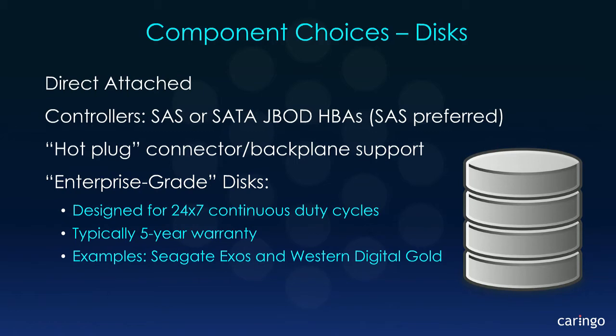So enterprise-grade drives have that kind of behavior, and that's what we're looking for. Typically, these drives are going to come with a 5-year warranty. Some examples that you'll find out in the world are Seagate Exos, Western Digital Gold. There are many others to choose from. The key here is that when you're looking at the technical specs and the warranty specs for the drives, you're looking for a 5-year warranty and something that's basically labeled as being quote-unquote enterprise grade.